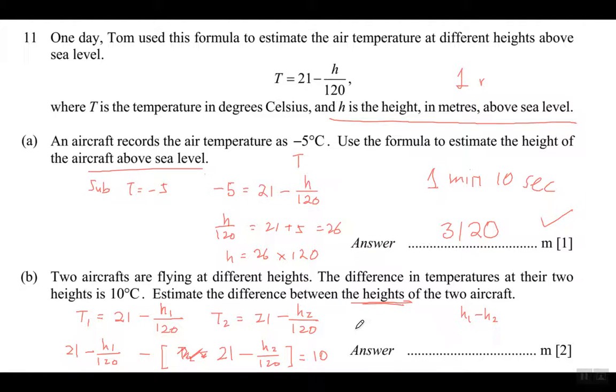Now 21, open up the bracket, then we'll have 21, and 21 cancels away, minus H1 over 120, plus H2 over 120 equals 10. Then combining, H2 minus H1 equals 10 times 120, so 1200. So the difference is 1200.